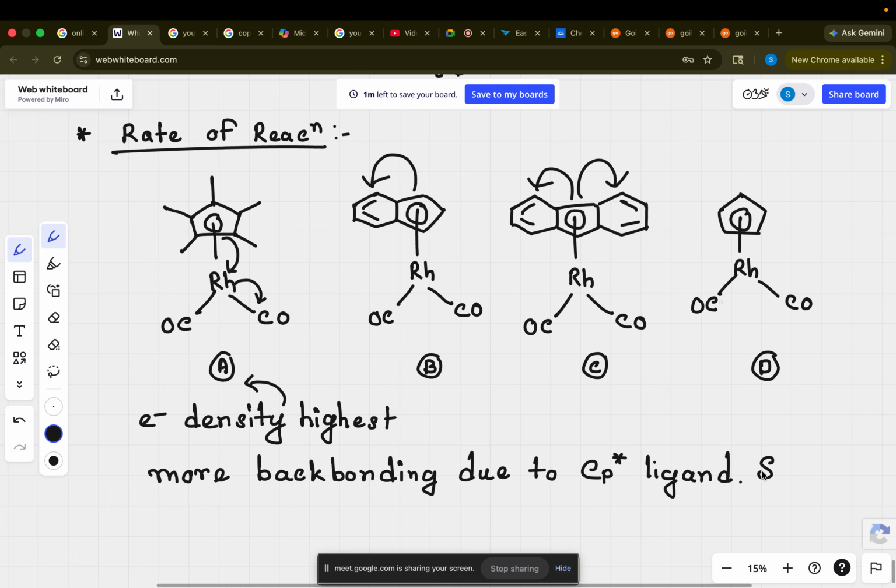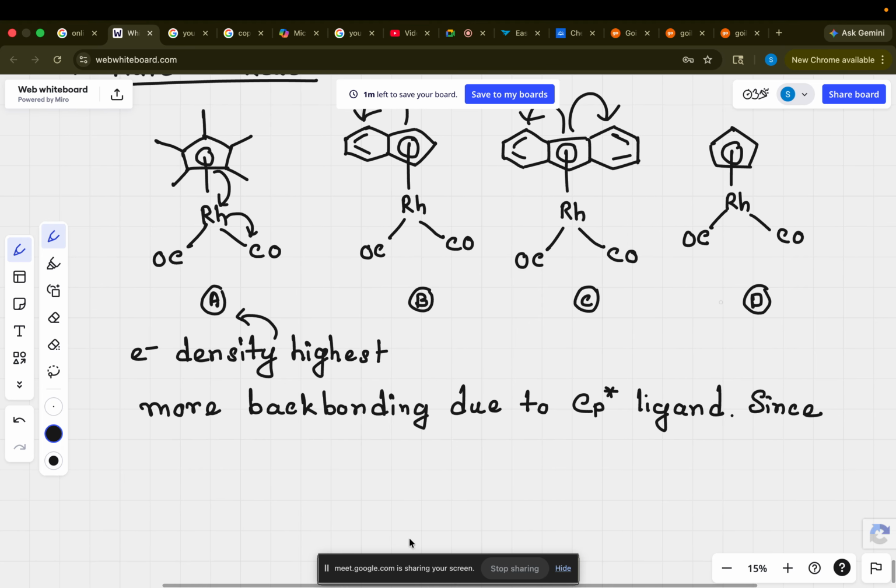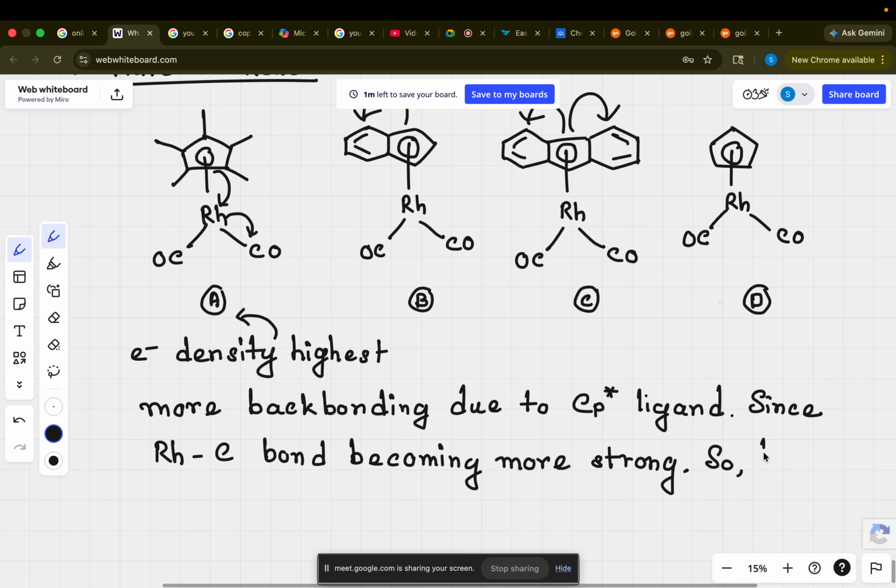And if back bonding is happening, the rhodium carbon bond becomes stronger. So dissociation of CO becomes difficult.